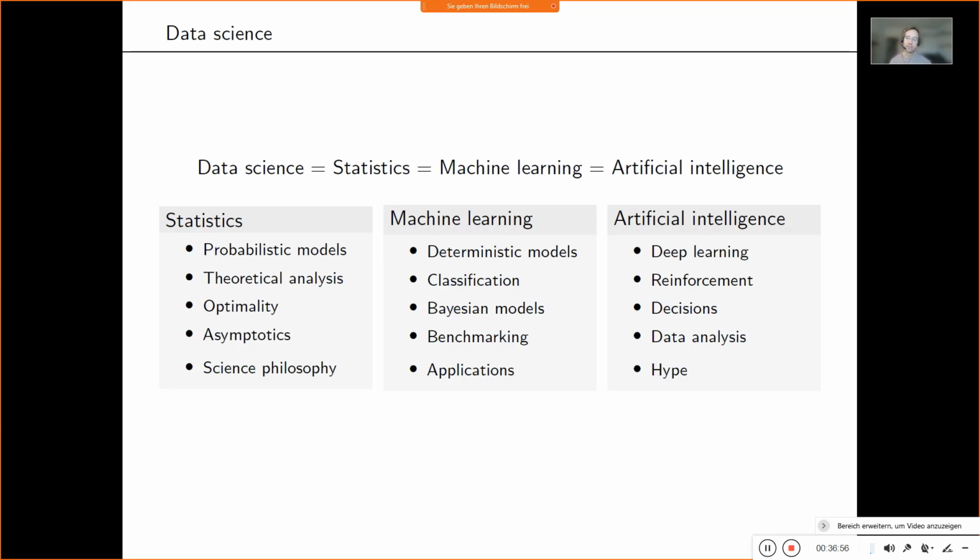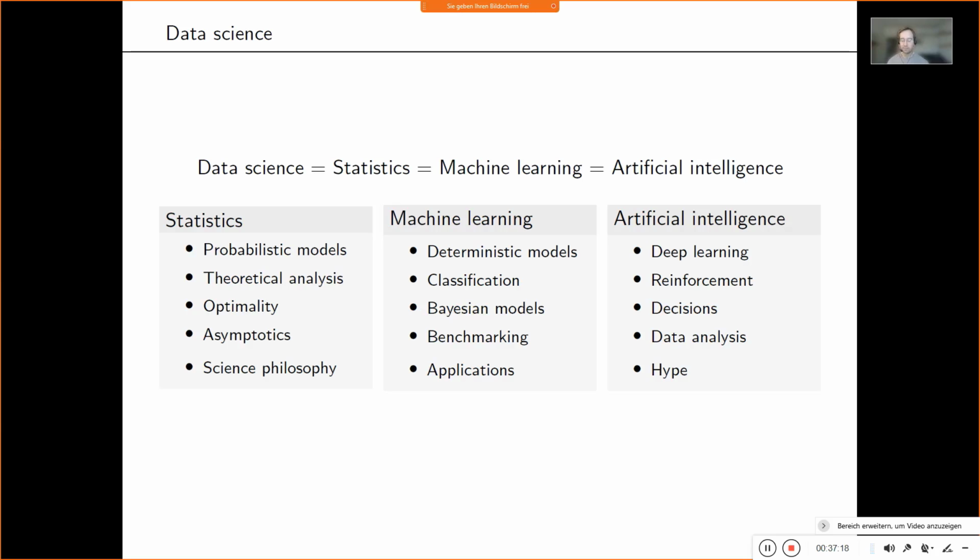Although, and this is what this slide is supposed to show, they emphasize different aspects. Statistics, as we will see, has a strong focus on probability theory. It's quite strongly theory and optimality oriented. So the question is, are these things that we are doing good?